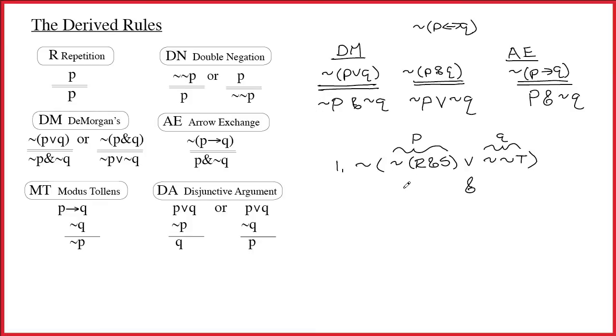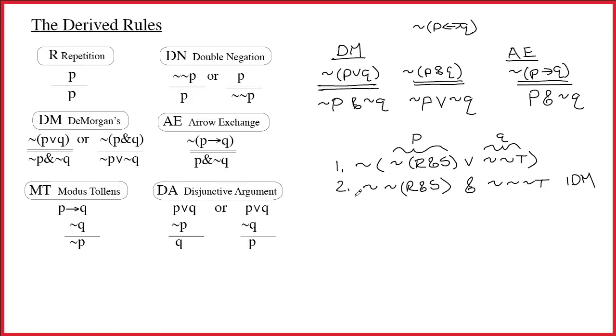So the P part now has to have a tilde added to it, so we're going to get tilde tilde R and S. On the backside, the Q part had two tildes in it. But the rule says we're supposed to add one, and so what are we going to end up with? Tilde tilde tilde T. Three tilde T's. And so that would be line 2, and the justification is 1 DM.